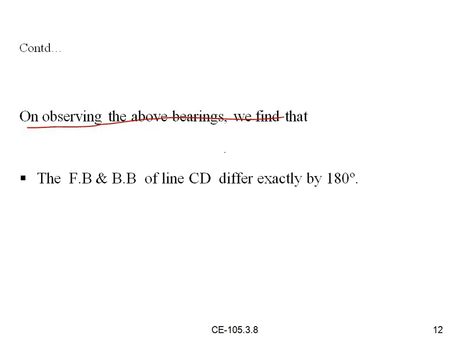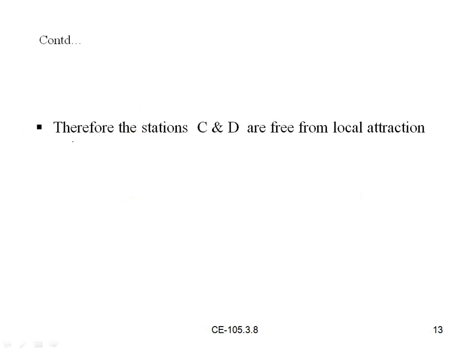On observing the above bearings, we find that the forward bearing and back bearing of line CD differ exactly by 180 degrees. Therefore, the stations C and D are free from local attraction.